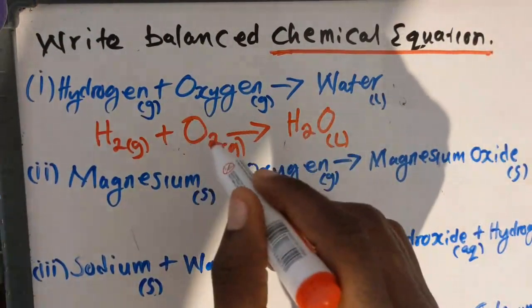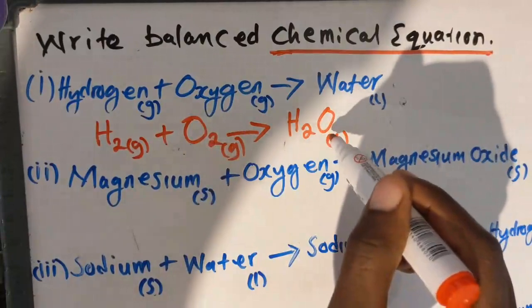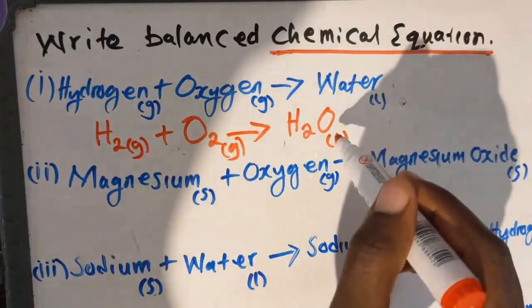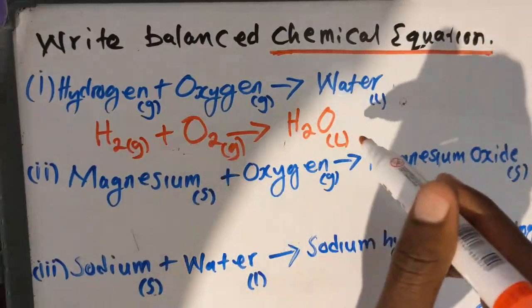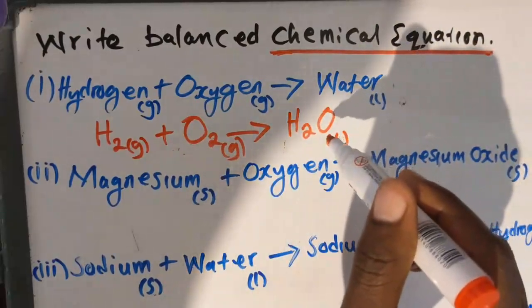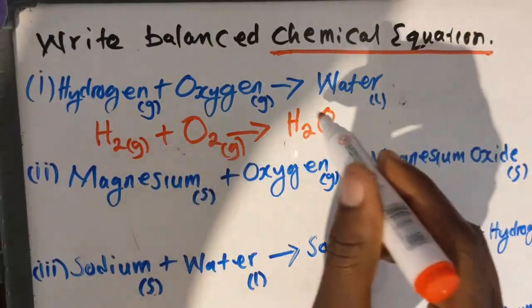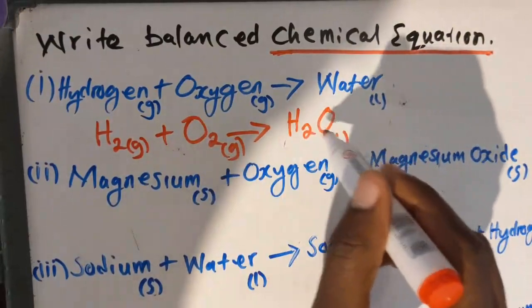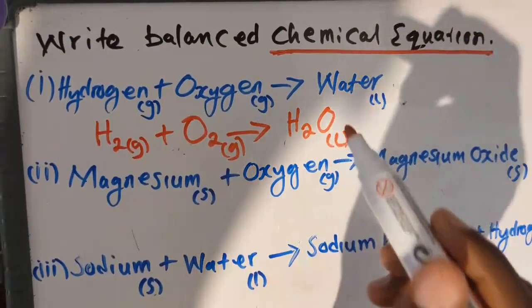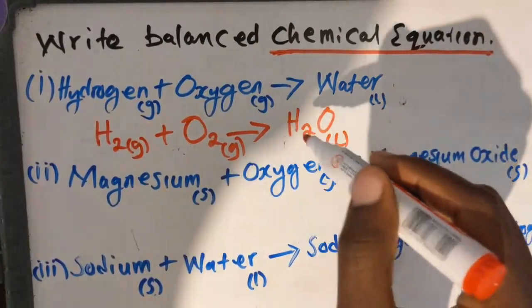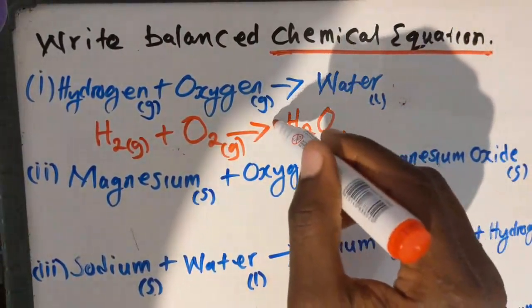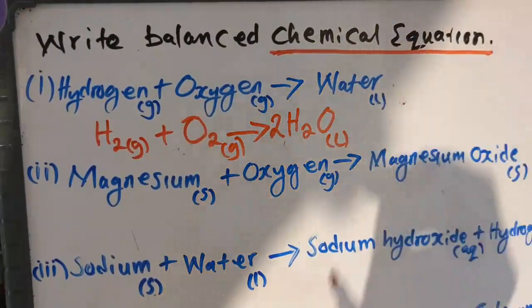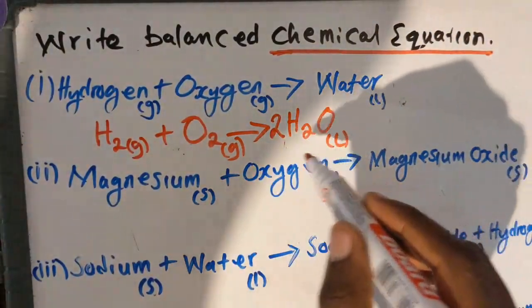On the left side we have 2 and on the right side we have 1. So what do you do to have 2 atoms of oxygen on this side? You are supposed to introduce the 2. You need to multiply this by 2.